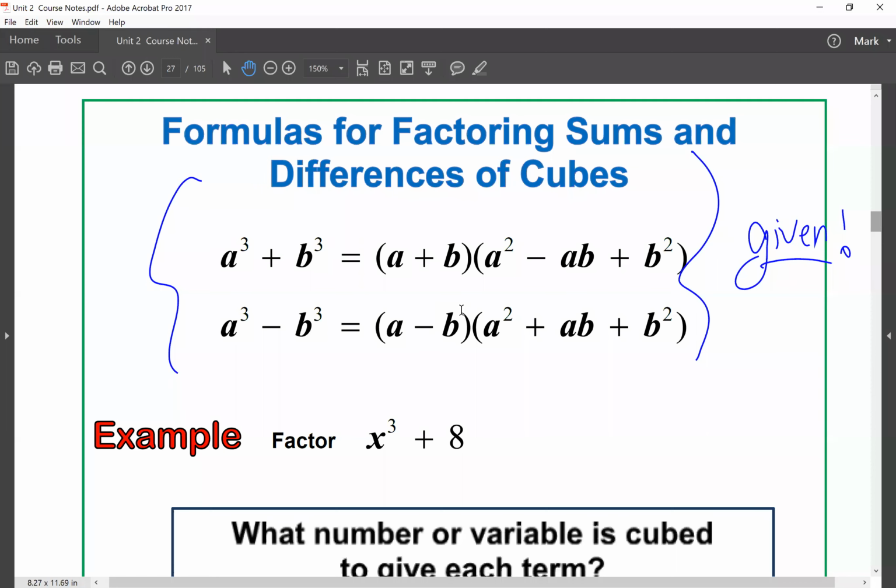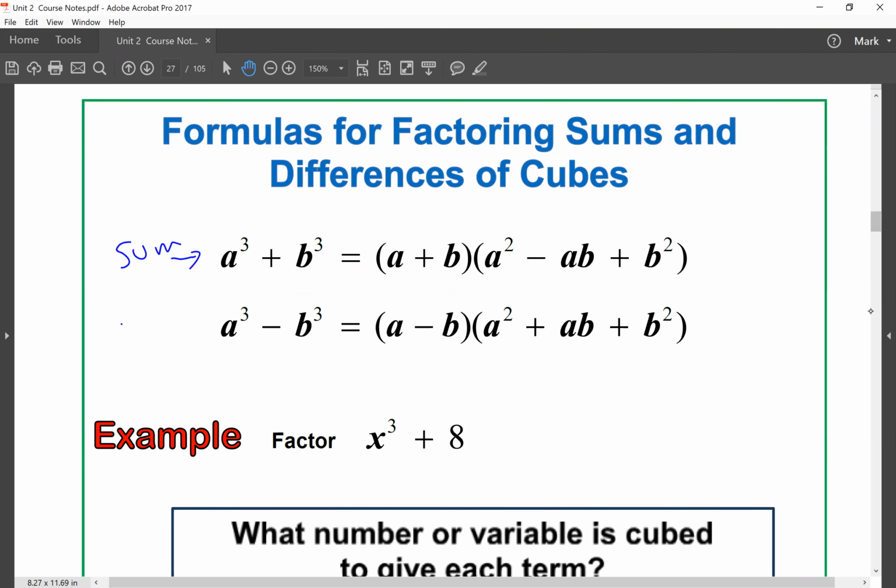Okay, so let's do some. This is easier than it looks because, again, the formula is given to you. You definitely don't have to memorize this. So this is the sum of cubes formula. This is the difference. Just remember what those words mean in math.